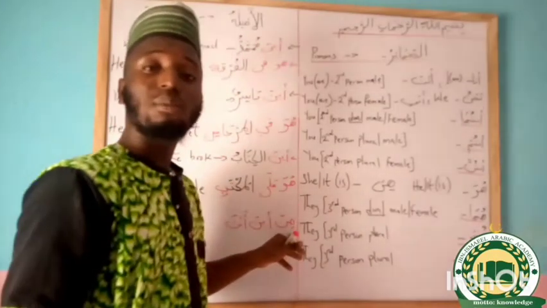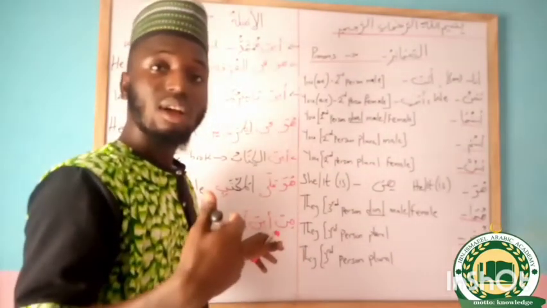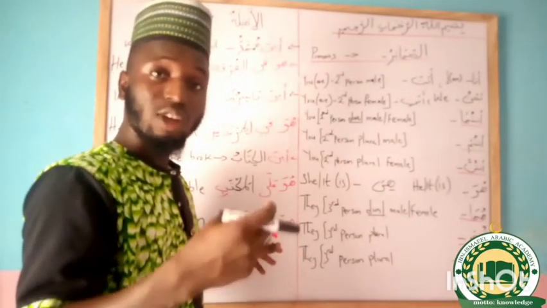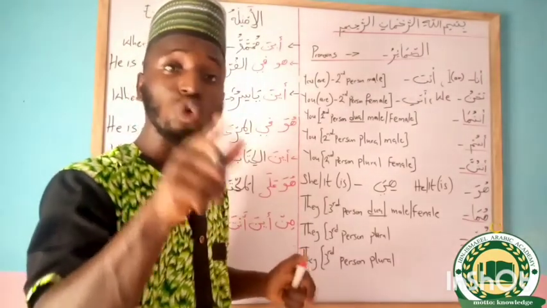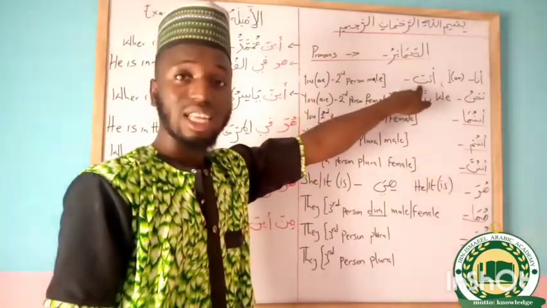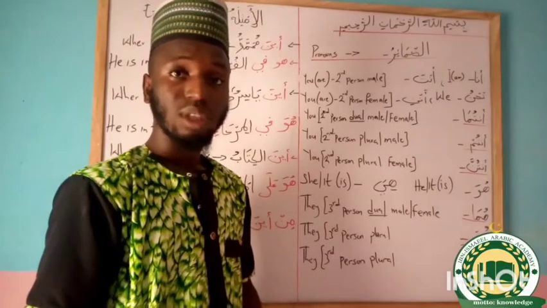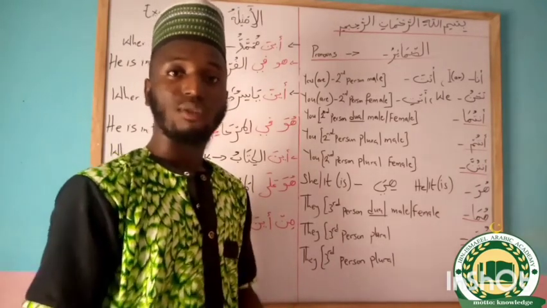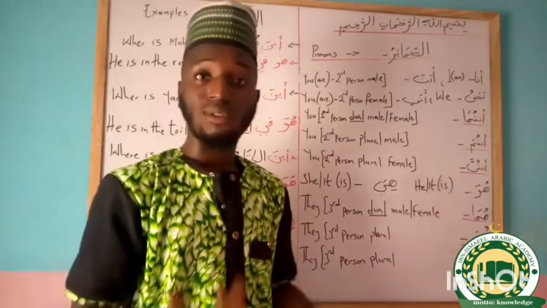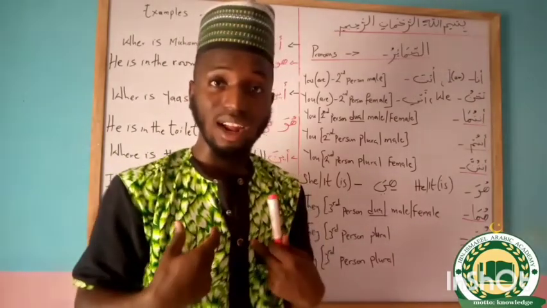Min is a preposition. Aina is the interrogative pronoun. Anta is a pronoun representing you, second person male. Min aina anta: from where are you, or where are you from? Let's take for instance, you are from India or you are from China. What will you say? Anna, represent yourself.